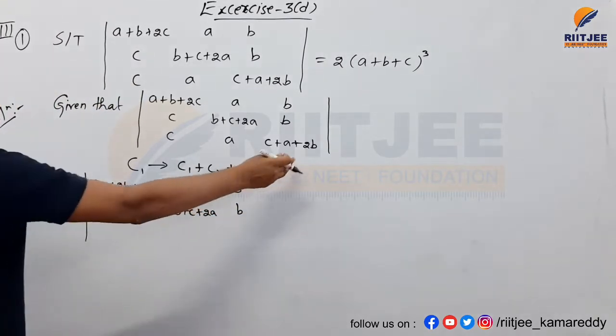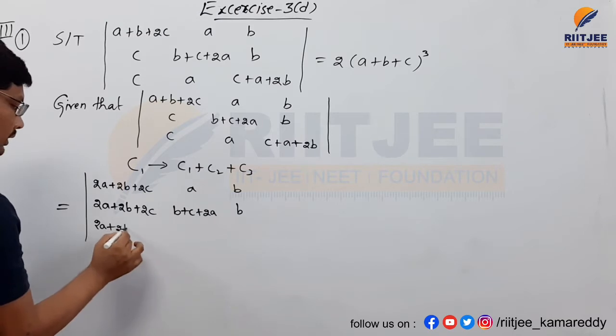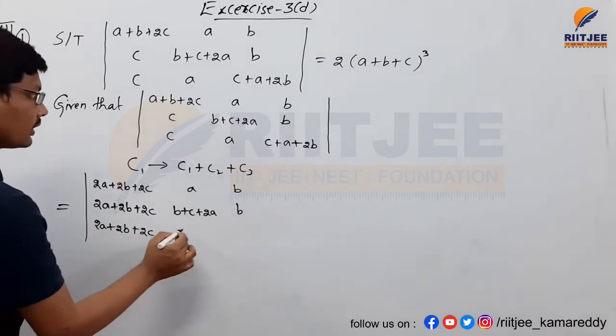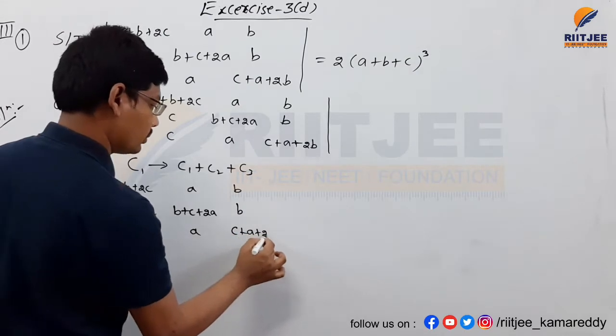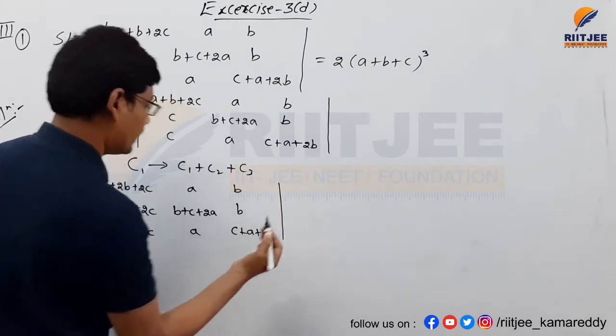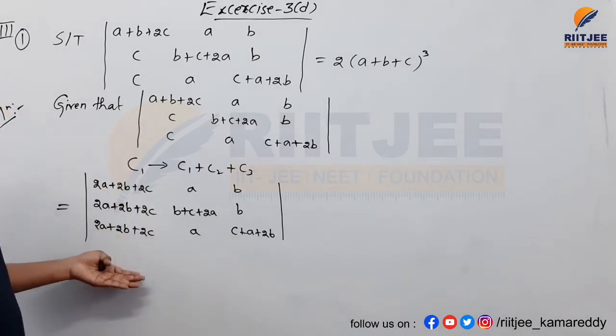Next, adding row 3, 2a plus 2b plus 2c, and a, c plus a plus 2b are common. I am changing only C1 here.